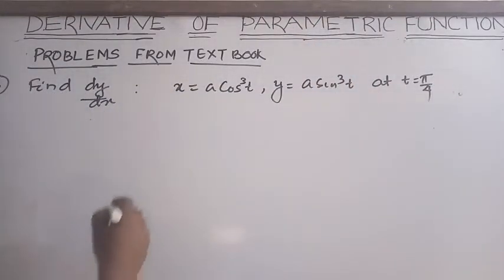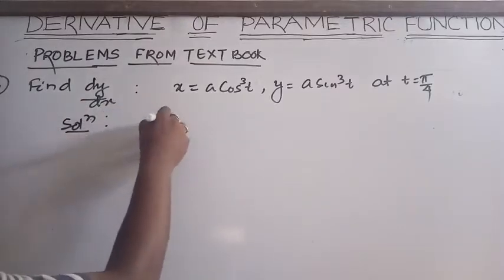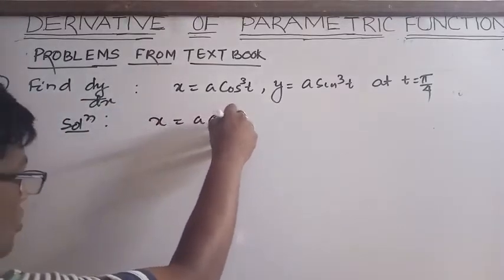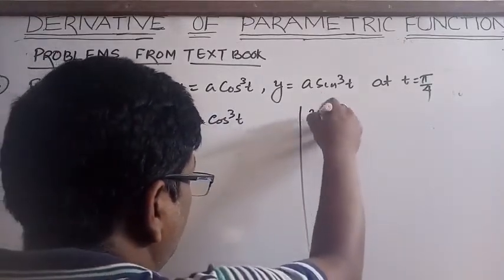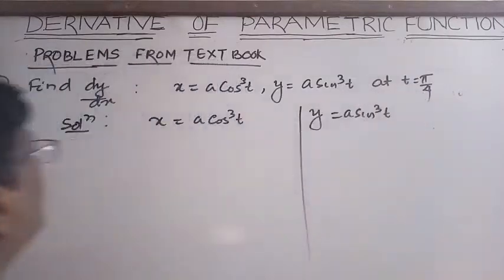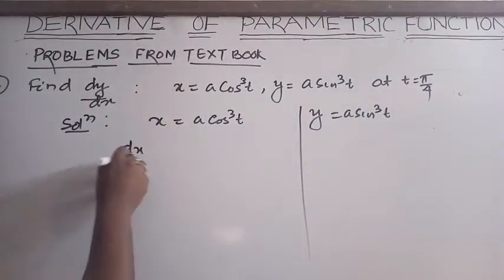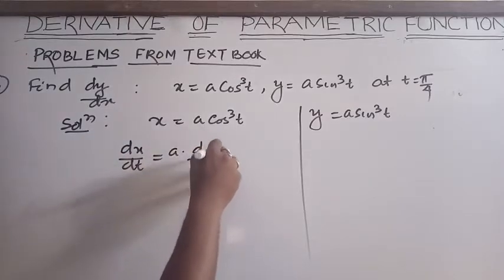This is the question. So the solution is: here x is equal to a cos cube t, and y is equal to a sin cube t. Now find dx by dt.